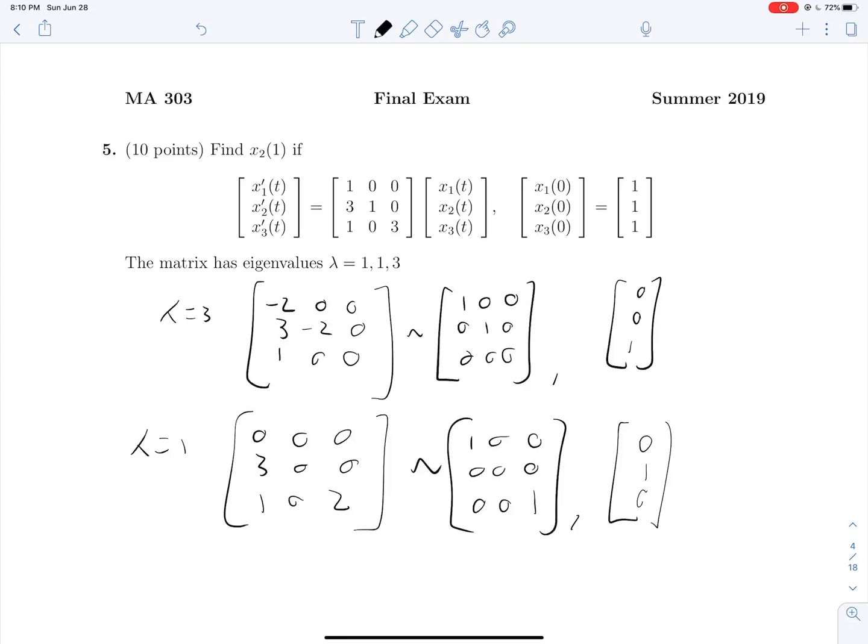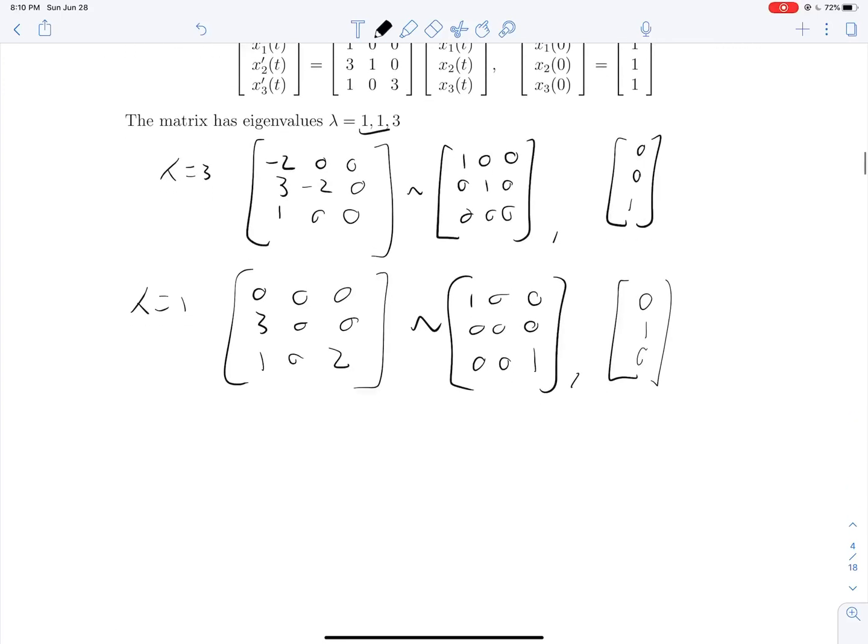But the problem is we only have one associated eigenvector, and this eigenvalue has an algebraic multiplicity of 2. So we have a defect of 1 that we have to rectify here, and we can figure out our generalized eigenvector. I'll label these v1, v2. We can find our generalized eigenvector by setting up a nice little augmented matrix with A minus lambda I on the left side and our v2, 0, 1, 0, on the right side.